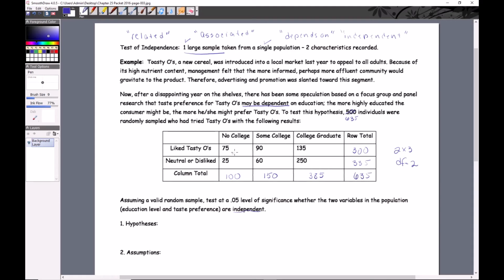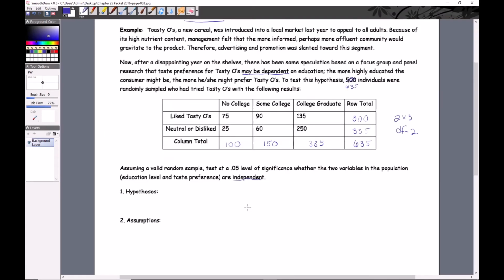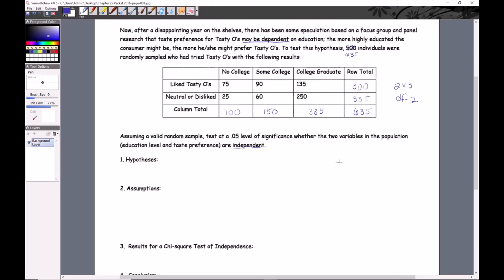We've got the observed, we need the expected. All right, so assuming a valid random sample, test at a 0.05 level of significance whether the two variables in the population are independent. All right, so let's write this out.